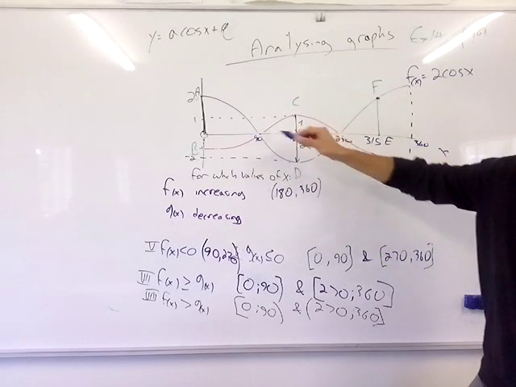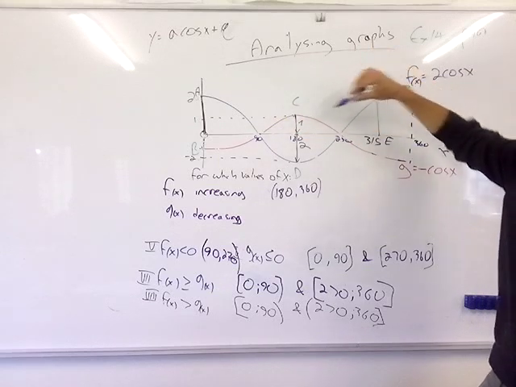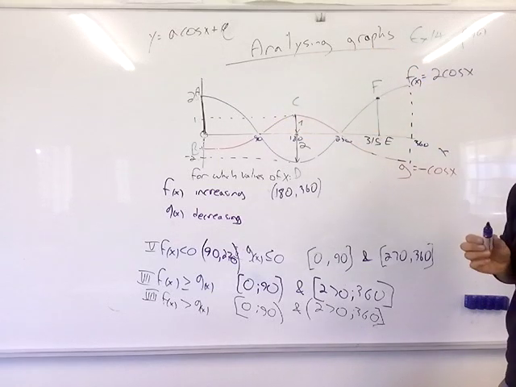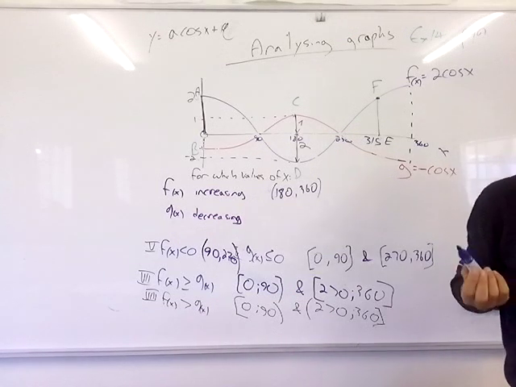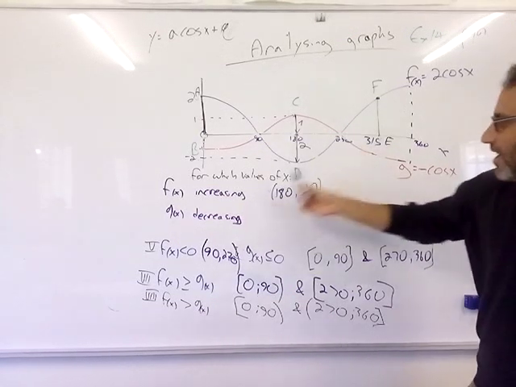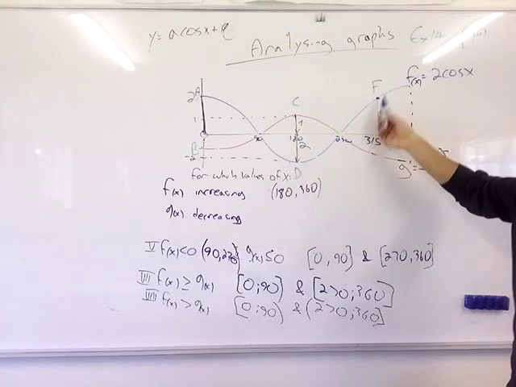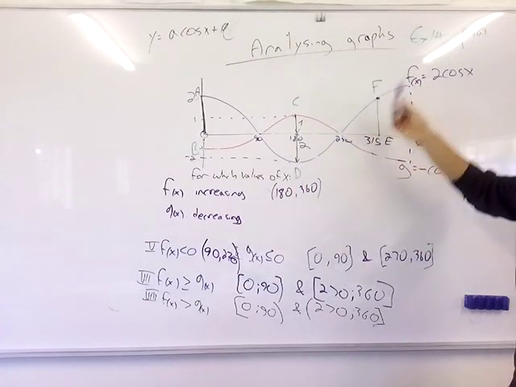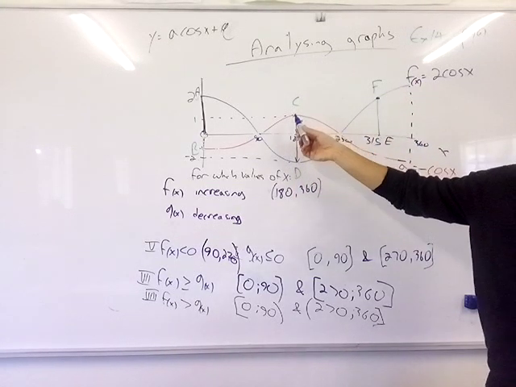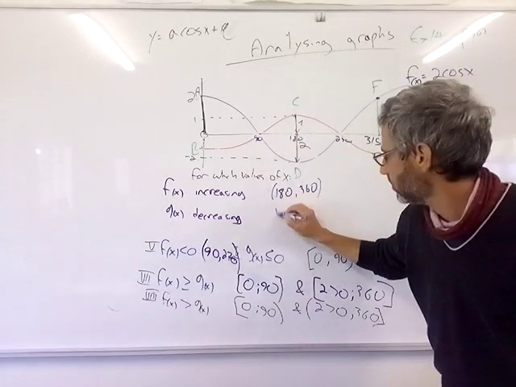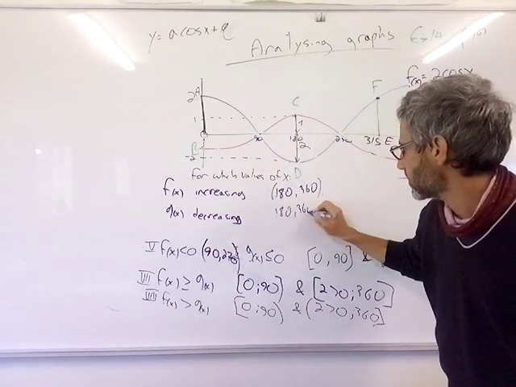Okay, decreasing. When is G, the red one, decreasing? 180 to 360. It's actually the same answer, isn't it? So F was increasing from here to here, walk up. G is decreasing at the same place, 180 to 360.